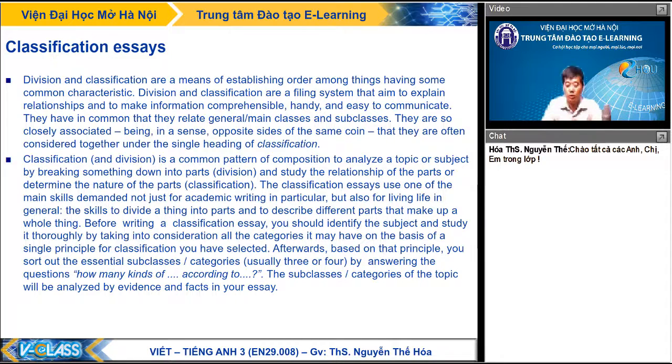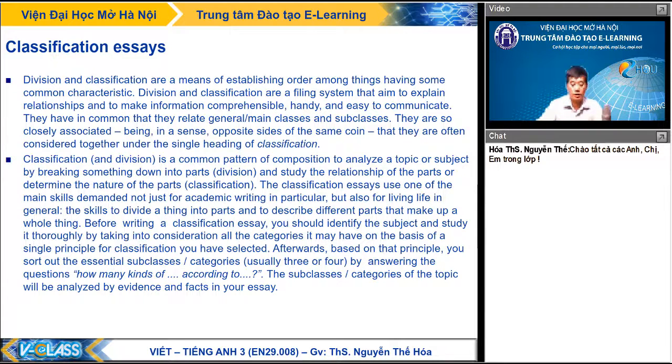Yeah, it is called classification. The classification essay is one of the main skills demanded not just for academic writing in particular, but also for living life in general: the skill to divide things into parts and to describe different parts that make up the whole thing.